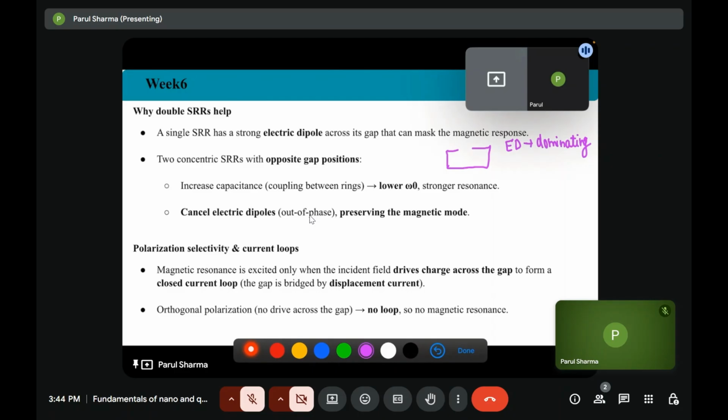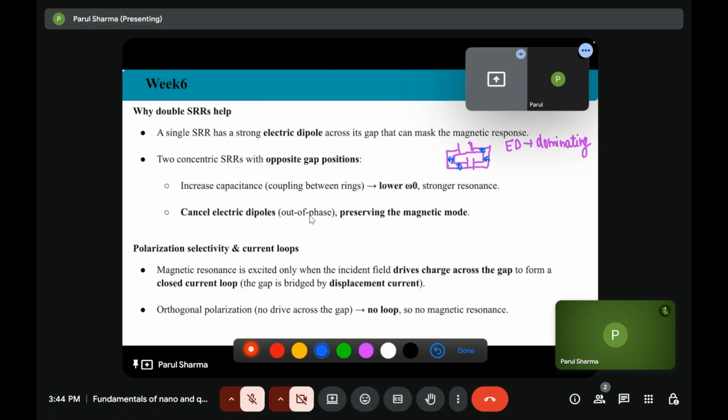But when we consider the double split ring resonators, we will have the capacitance associated with this gap, and also due to the gap all over the system.